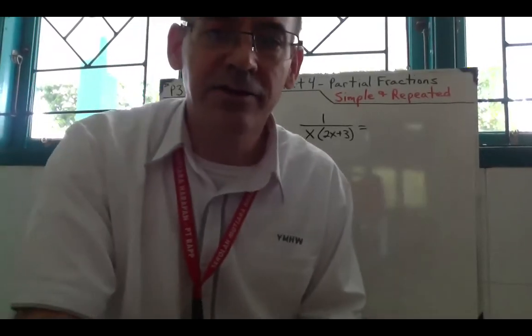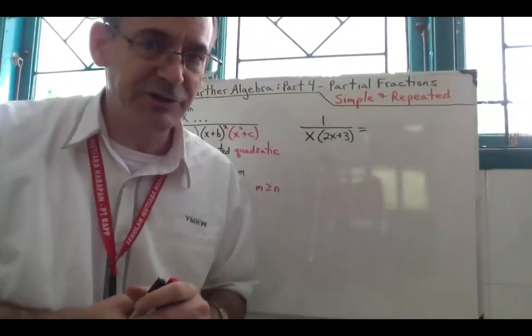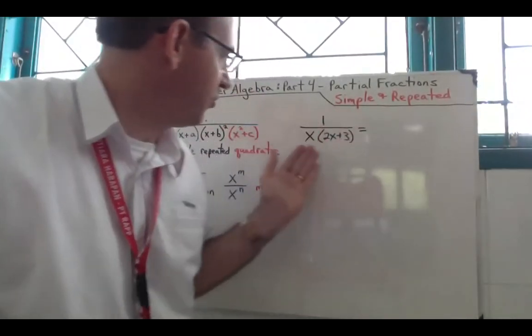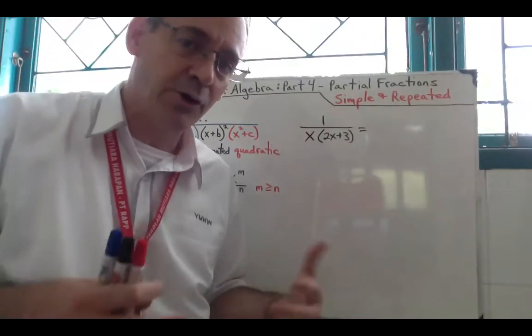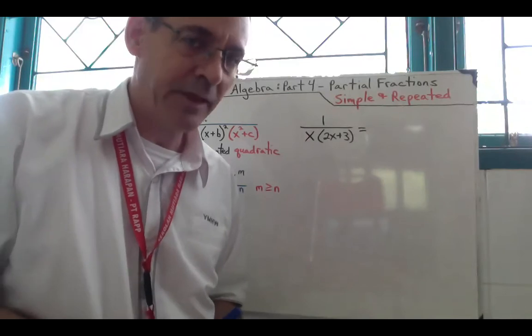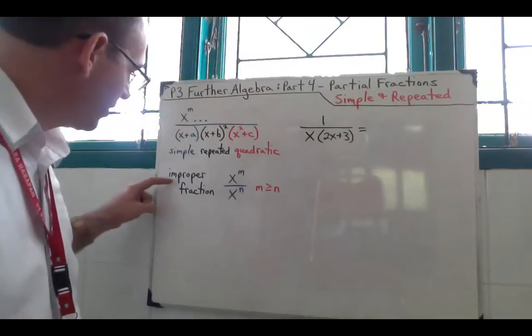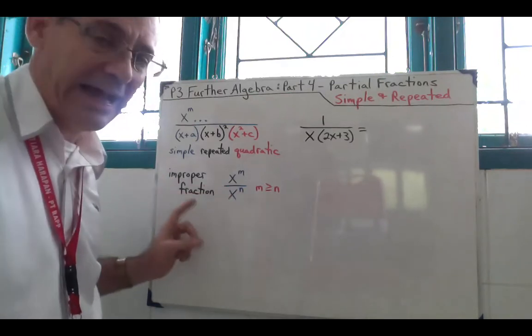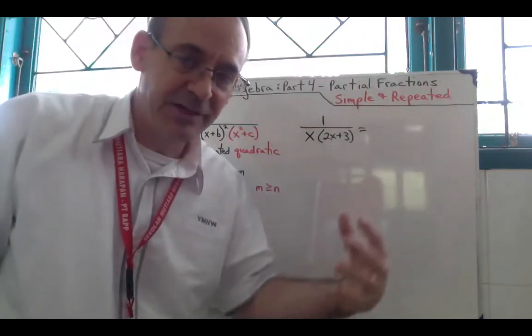So let's go back to the board and develop our thinking strategy. As soon as we see this question, we can tell it's partial fractions. We know they want us to split it up. The very first thing that you need to check is for improper fraction. You need to ask that first, even though we're going to cover that in the next video.